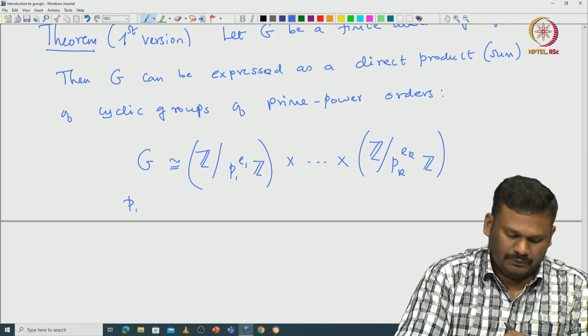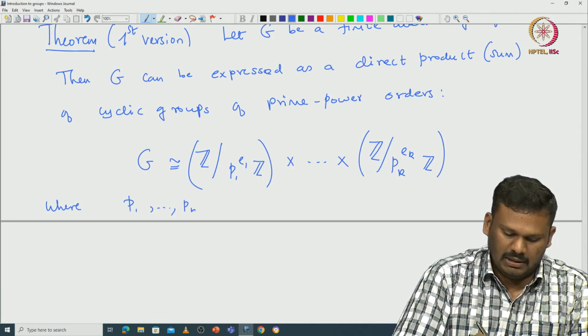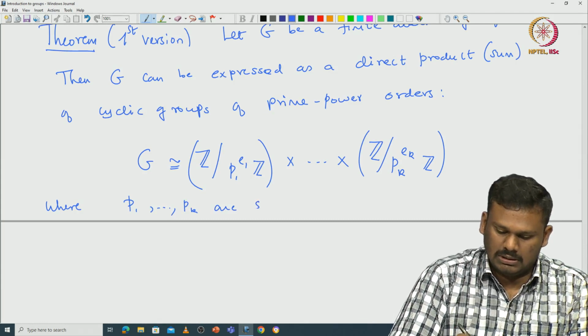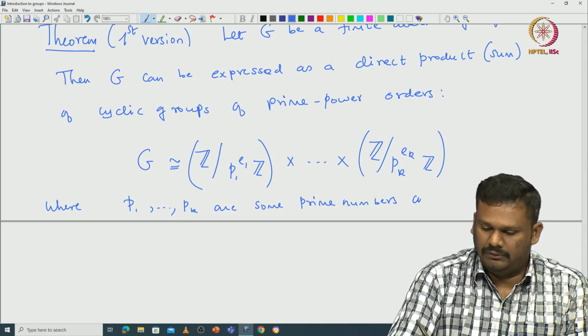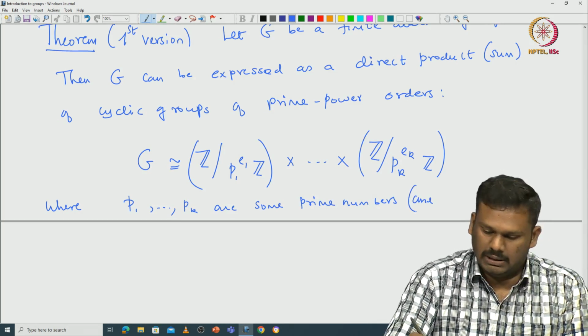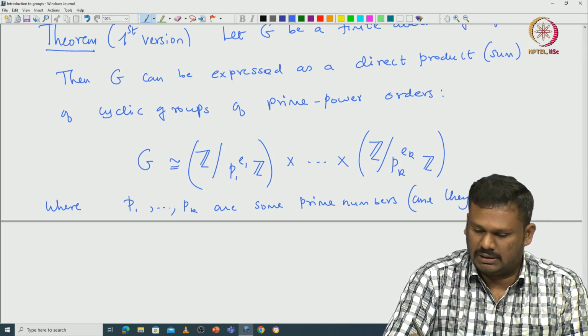Here p1 through pk are some prime numbers, and we assume that they are not necessarily distinct.